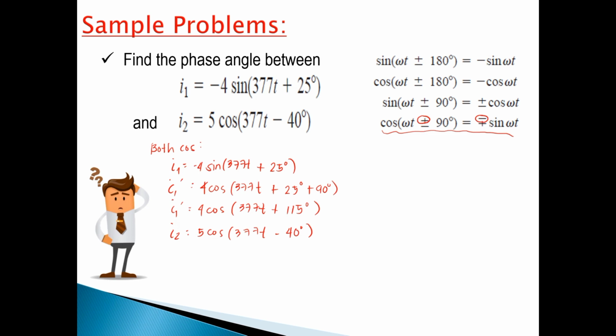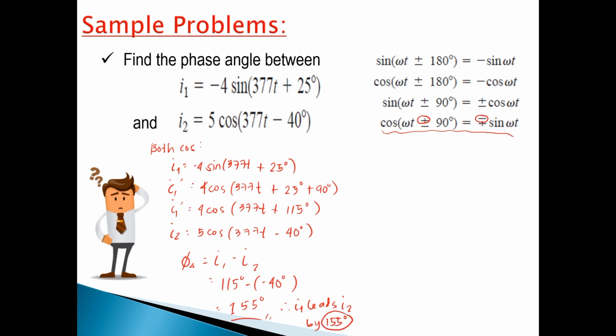So let's subtract for the phase difference, I1 minus I2. That is 115 minus negative 40 degrees, equal to 155 degrees. So since I1 is greater than I2, I1 leads I2 by 155 degrees.